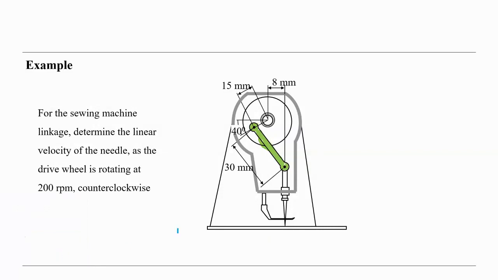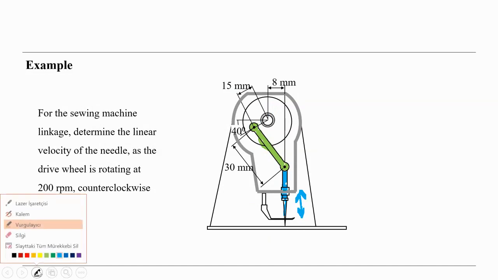You can see this is the slider here, going up and down. So we know this is going up and down, like this, okay. Linear motion. And this is the coupler.